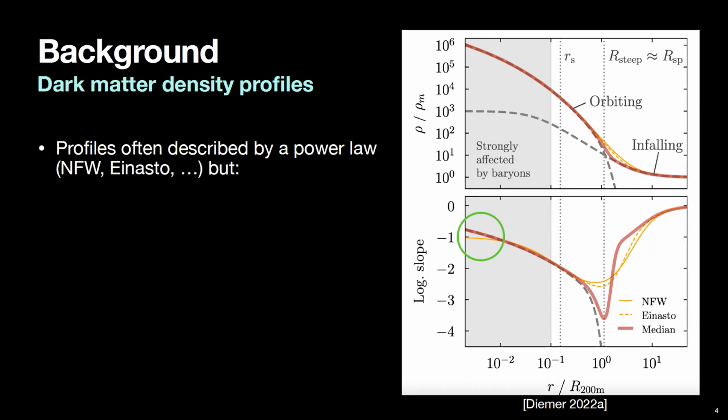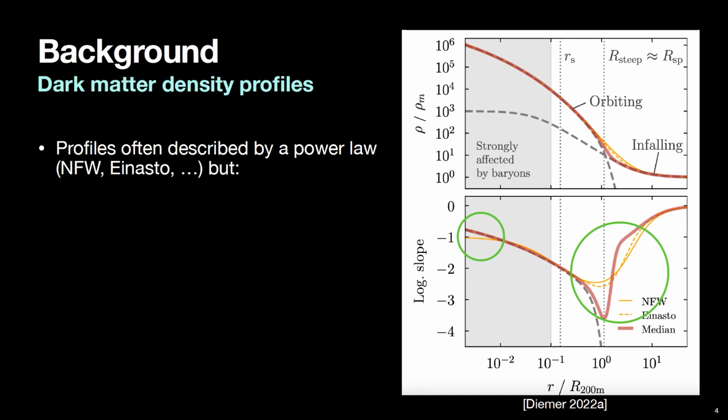But then they kind of struggle at small radii and at larger radii, so at the virial radius and beyond that. So here in this graph, for example, the red line would be a density profile, and the yellow lines are the NFW and Einasto profiles, the power law ones, and they kind of struggle to represent the profile in those regions.